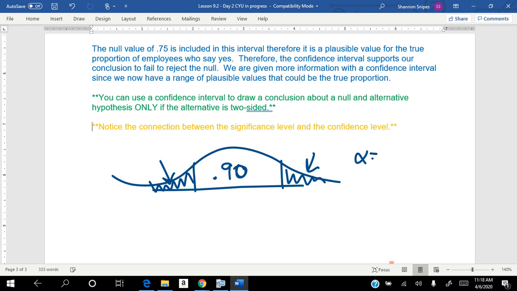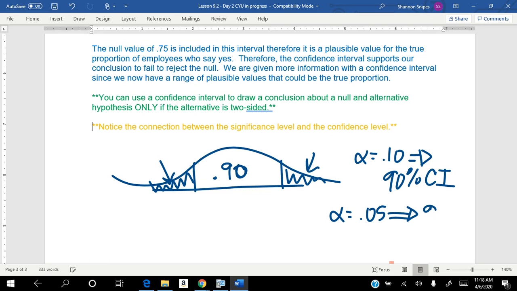So if you have an alpha level of 0.10, that corresponds to a two-sided test where the alpha level is 0.10 corresponds to a 90% confidence interval. So if you had an alpha level of 0.05, then that would correspond to a 95% confidence interval. So if you'll notice, the alpha level corresponds to the confidence interval that will sum the two numbers up to be 100%. And the picture hopefully will show you why.